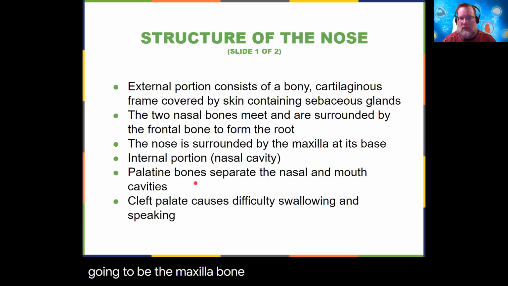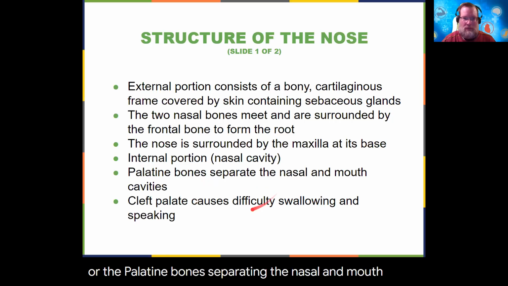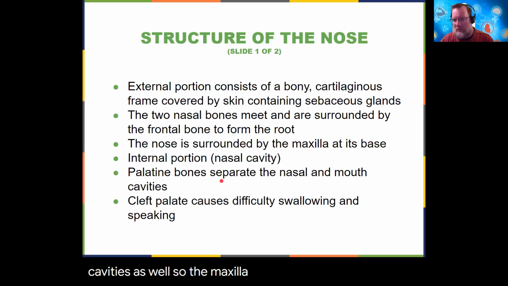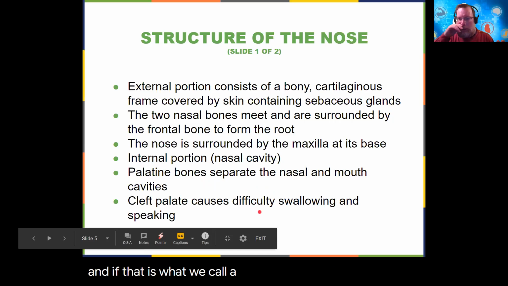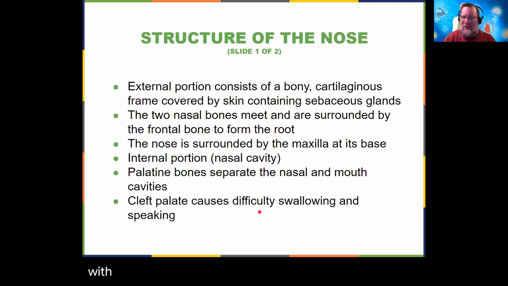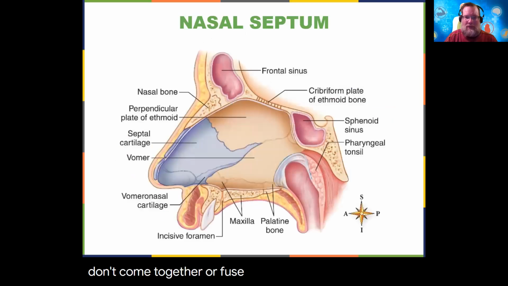Then we'll see the palate bone or the palatine bones separating the nasal and mouth cavities as well. So the maxilla and palatine come together and form the palate, the roof of the mouth. And that's what we call a cleft palate, we talked about this with skeletal. If the maxilla and the palatine bones don't come together or fuse, then we have a cleft palate.